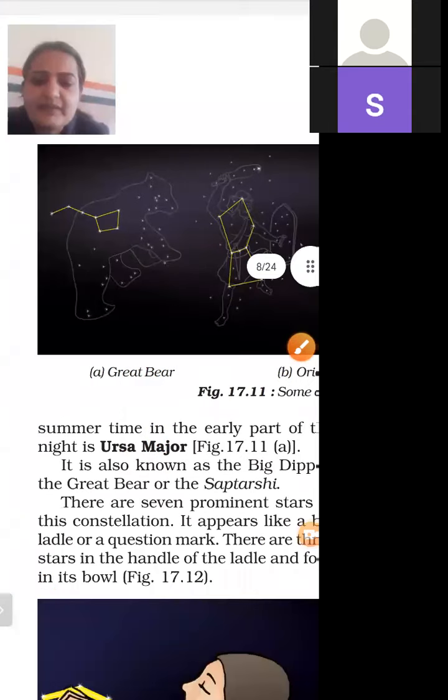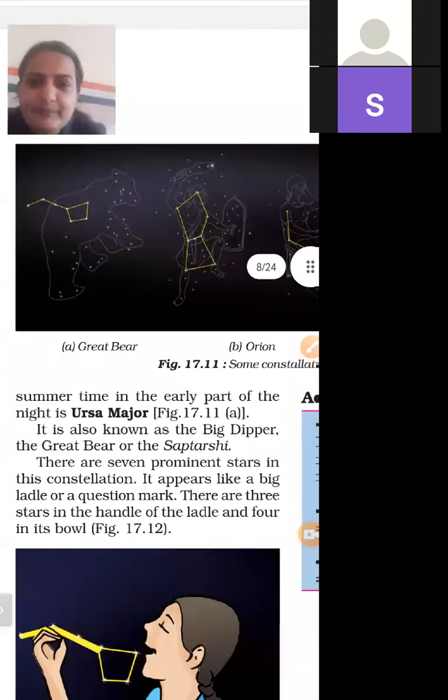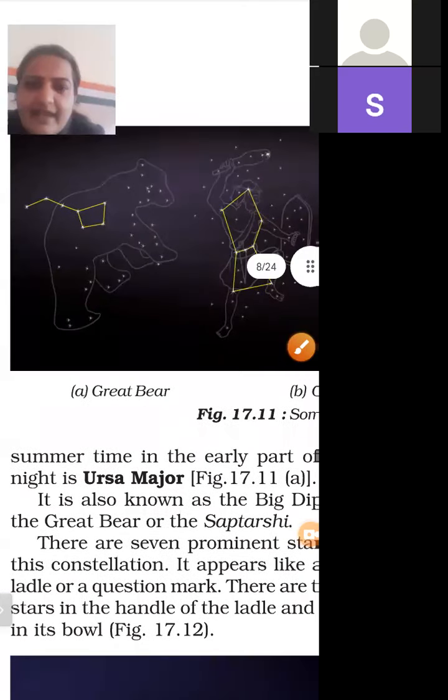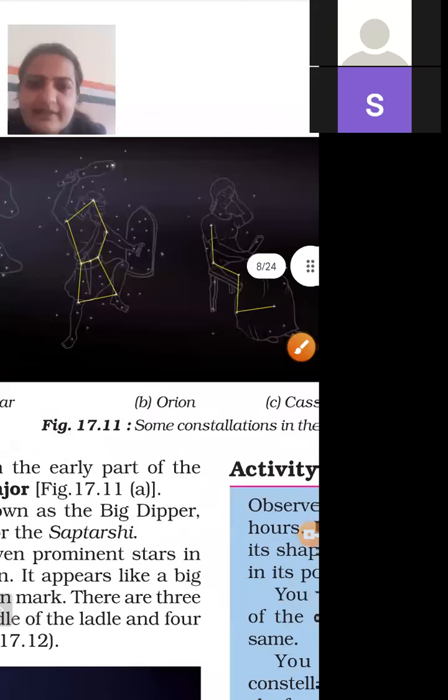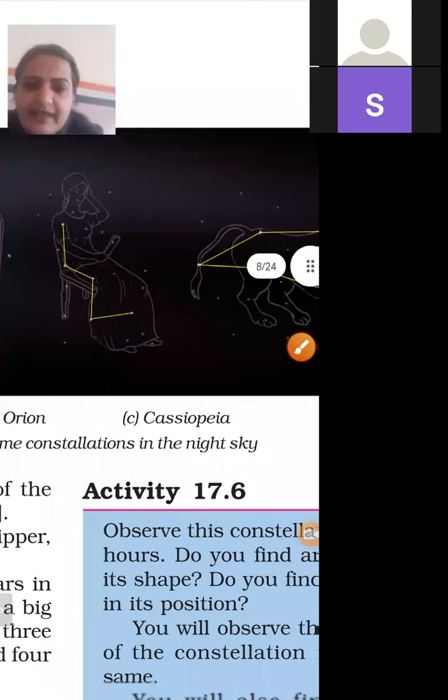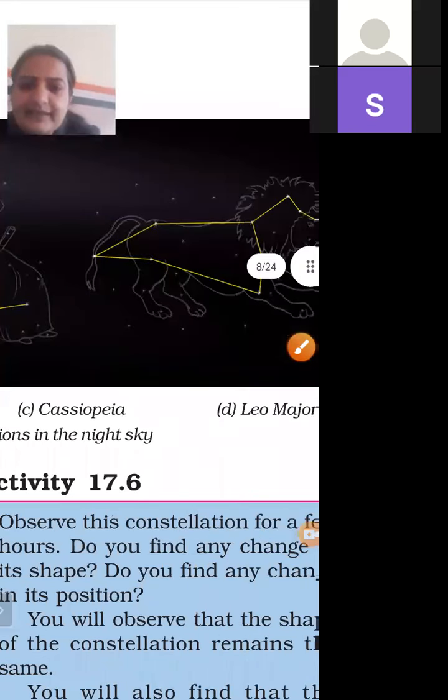This is the Great Bear constellation, and next this is the Orion constellation. Next this is the Cassiopeia constellation, and next is Leo Major.